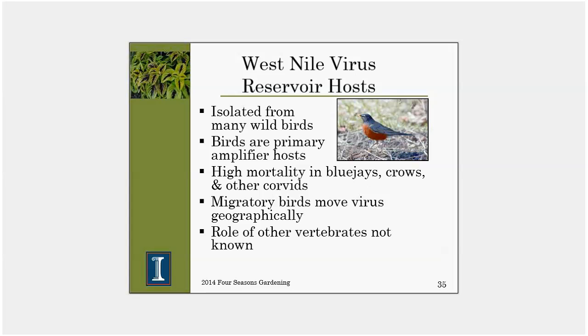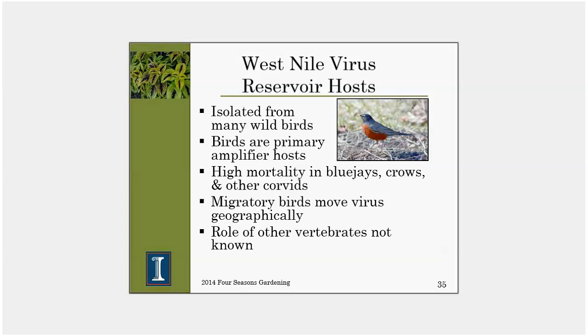In reality, they are the main hosts, the primary hosts, and when it gets into a human or another mammal, it's a dead-end host. Not a dead end in the fact that the human or other mammal is going to die, but the dead end from the point that the virus is going to die, because it's not a very likely situation. We're not going to create a viremia that will infect a mosquito, which will take it back to a bird. It just doesn't go backwards very well.